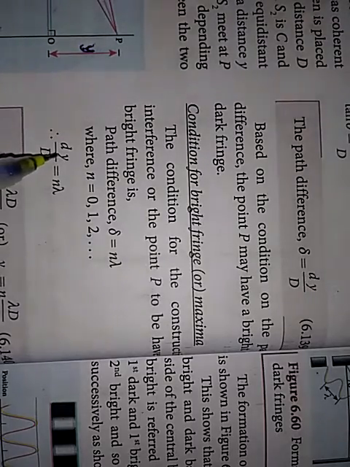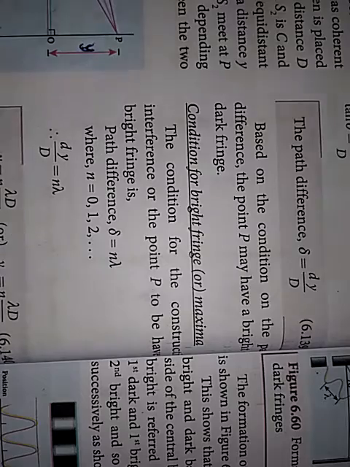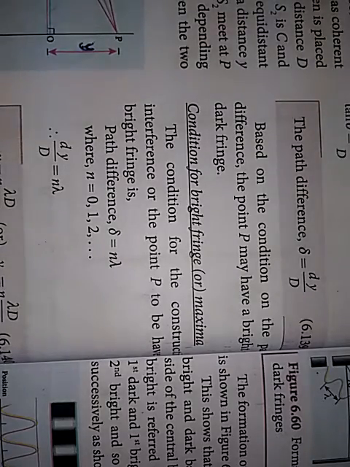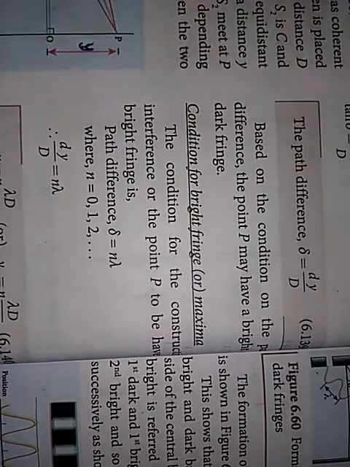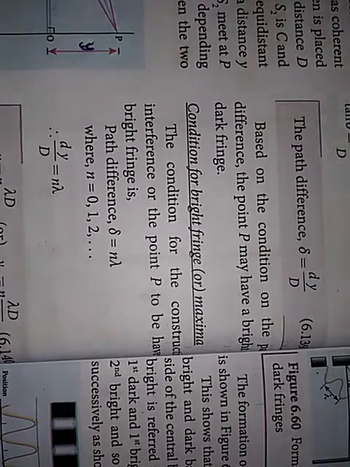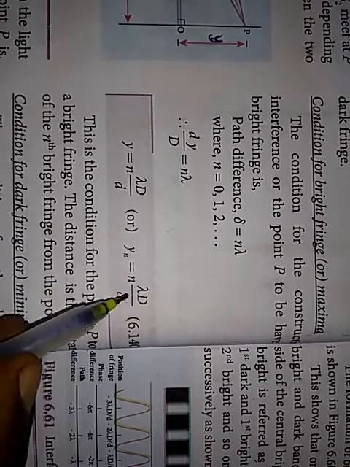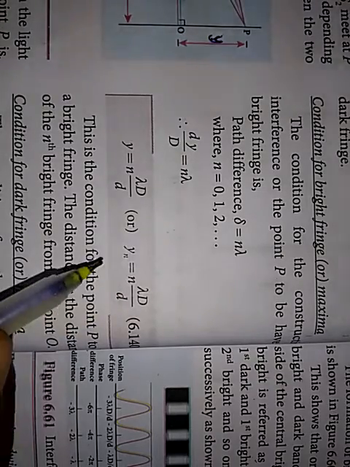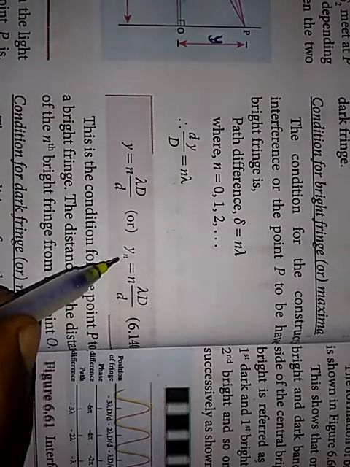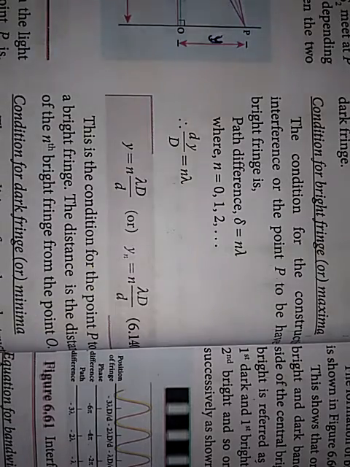Therefore, for small y, you bring all other terms to the other side: n lambda D by d. This is a general case, or more precisely we can write yn is equal to n lambda D by d. Now you can substitute n equal to 0, 1, 2 like that in this equation.